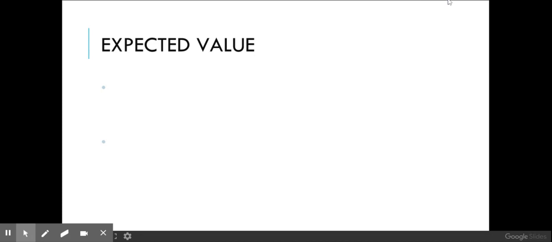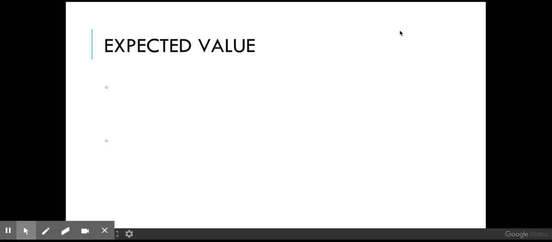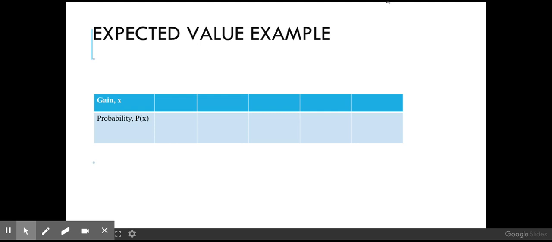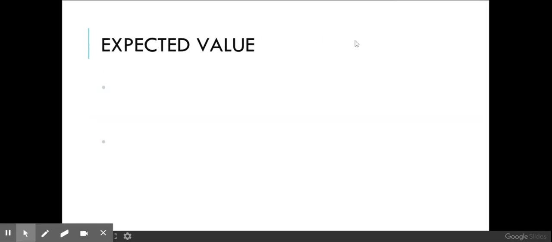All right, the last thing is expected value. Expected value is the mean of a random variable, and represents what you would expect to happen for many trials to come. So expected value is the same thing as the mean. It's the same thing that we did.